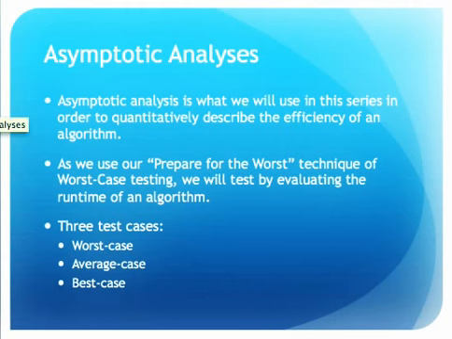So, asymptotic analysis. Asymptotic analysis is what we will use in this series in order to quantitatively describe the efficiency of an algorithm, right? What does this mean? When you determine whether or not an algorithm is good, you really need to understand how it works on specific data sets, right?